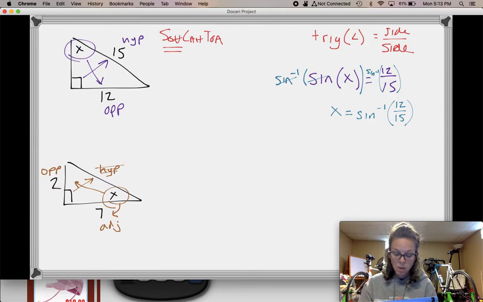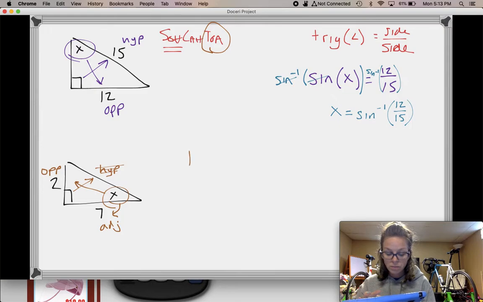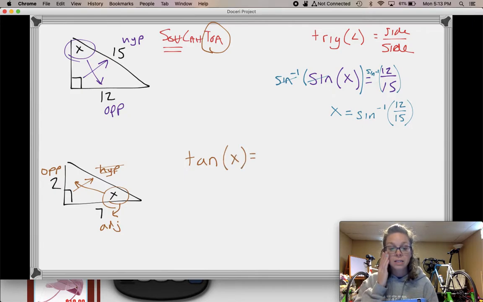In this problem, we're going to use tangent, opposite, adjacent, so TOA. So my trig equation, tangent. Our angle is x. Our sides for tangent are opposite, which is 2, over adjacent, which is 7.